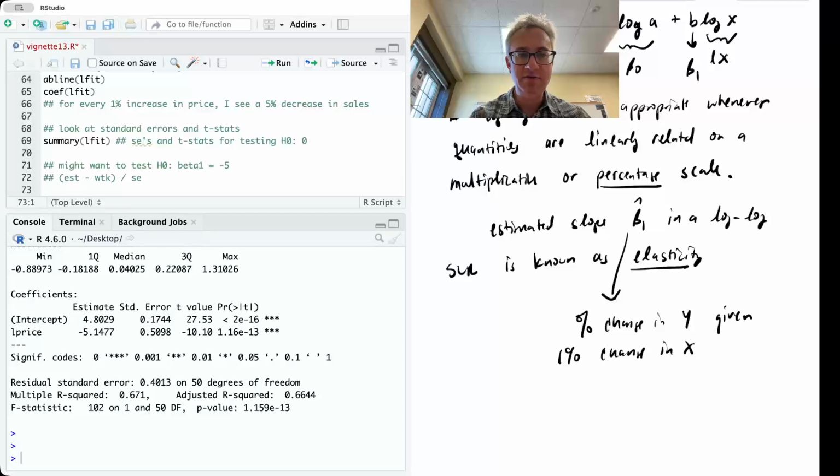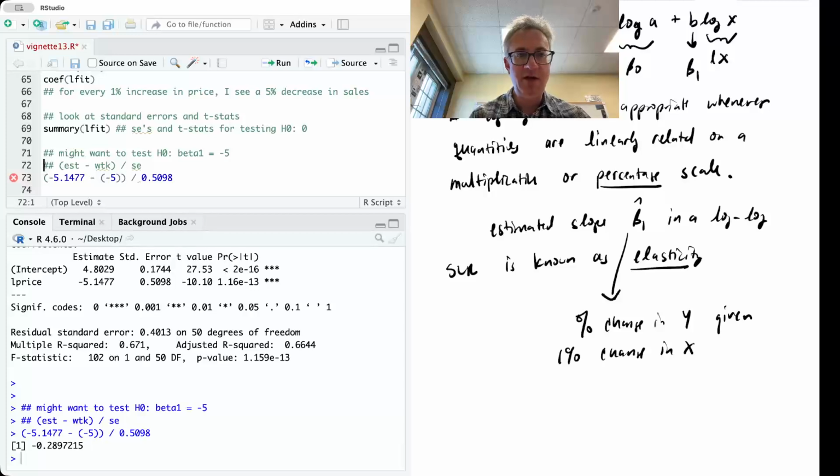So I could take the estimate, which is -5.14, and minus my null value, which is -5, and then divide by the standard error, which I can grab from the table here, and this gives me a t-statistic.